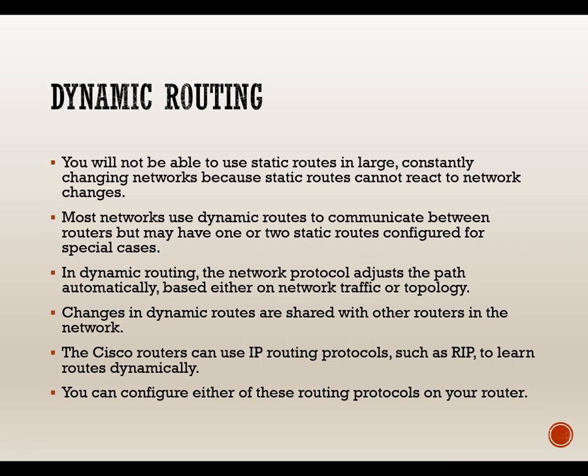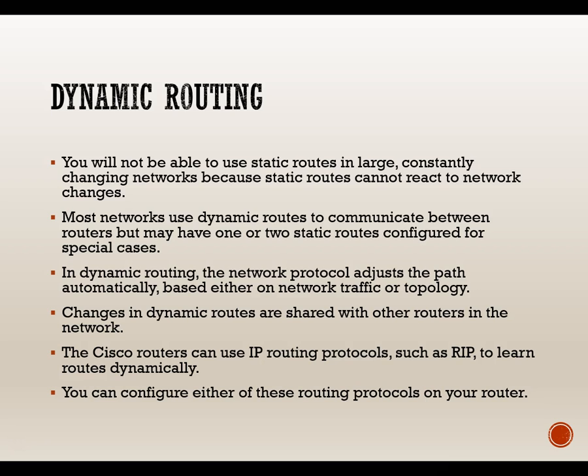So dynamic routing: we won't be able to use static routes in large, constantly changing networks, because the static routes can't react to network changes. So if you're going to have changes, yes, you want to definitely use dynamic protocols. Most networks use the dynamic routing protocols. The OSPF and EIGRP really don't take that much bandwidth.